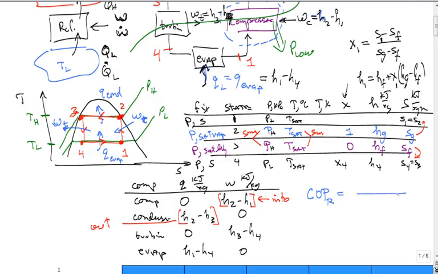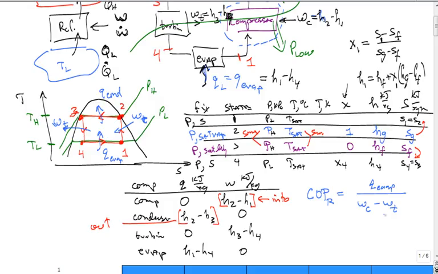A large Q into the evaporator. And what do you have to provide? Well, you have to feed work to it, which is the difference between the work that you had to feed the compressor minus the little bit that you get out of the turbine. The net work into the cycle.